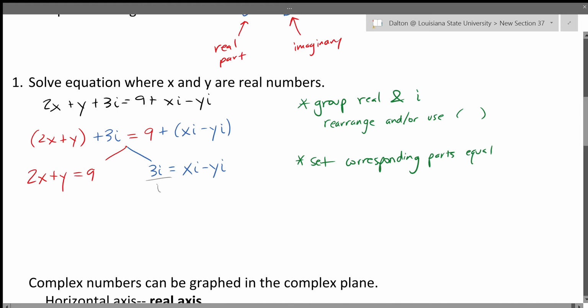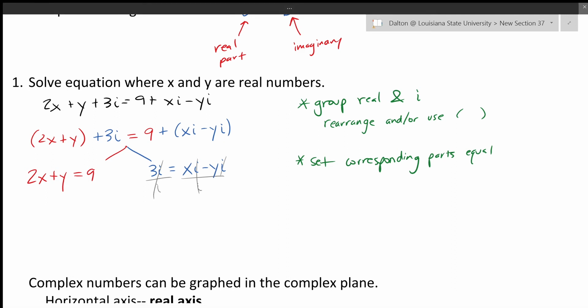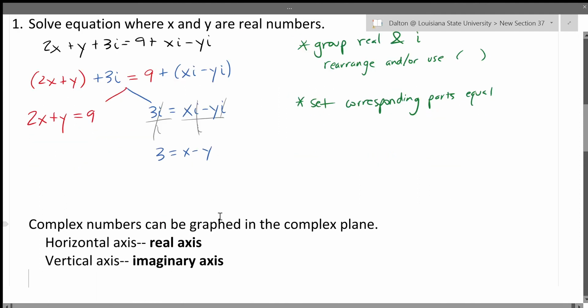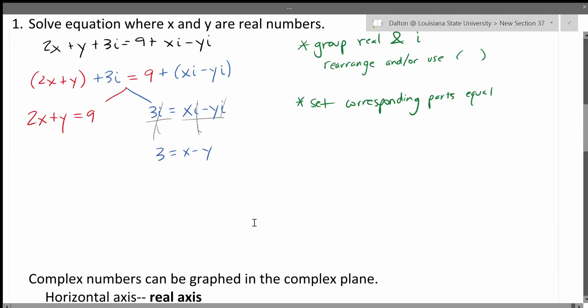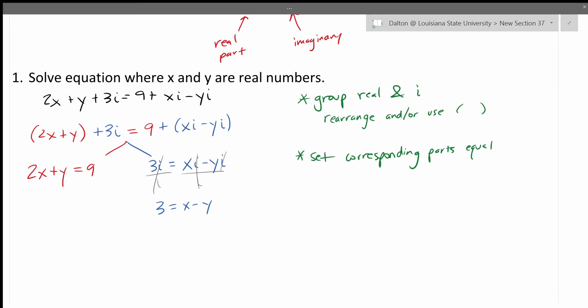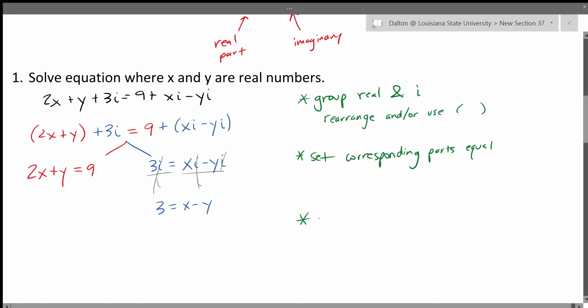If I divide every single term by i, then i cancels from all three of those numbers, and it just leaves us with 3 equals x minus y. Once you get down to these two equations, then this question becomes very algebraic. Then all we do is solve the system of equations.